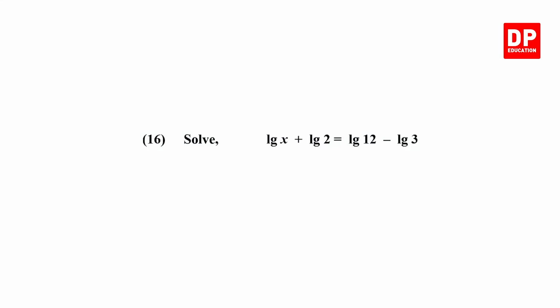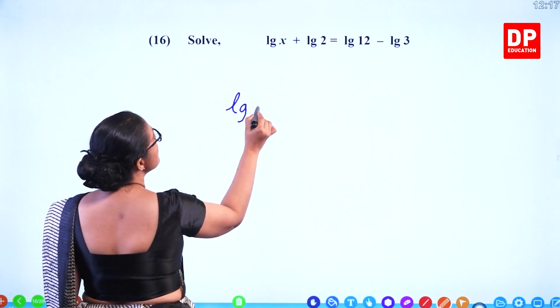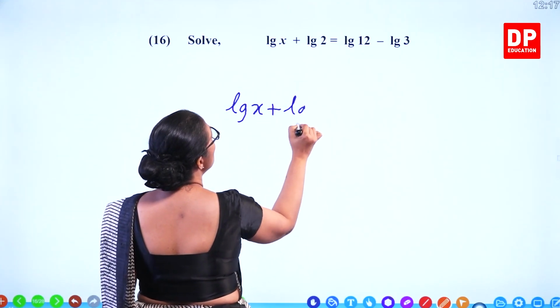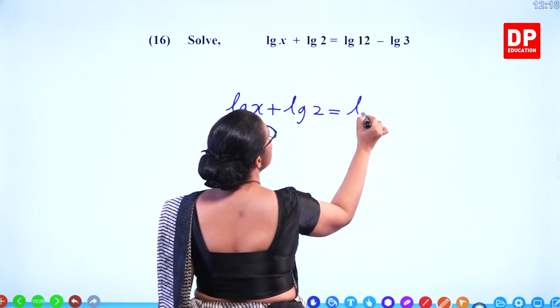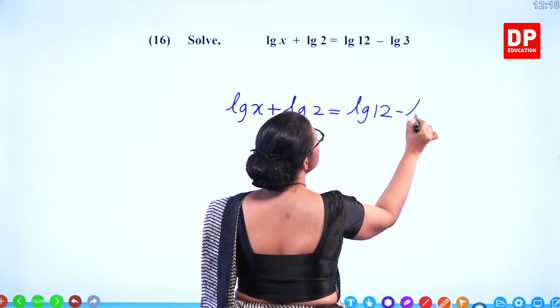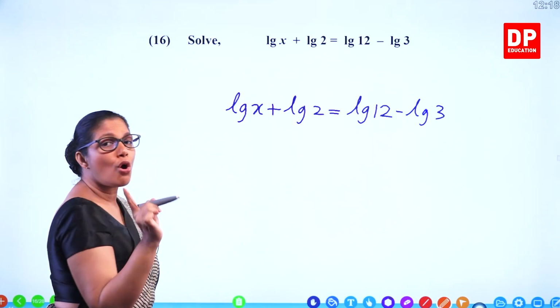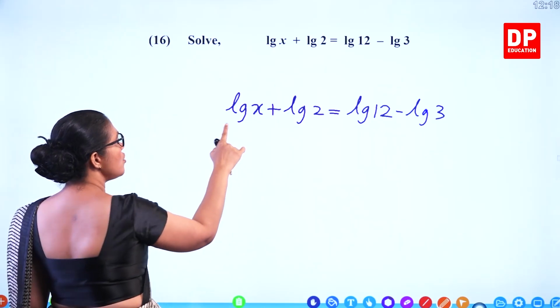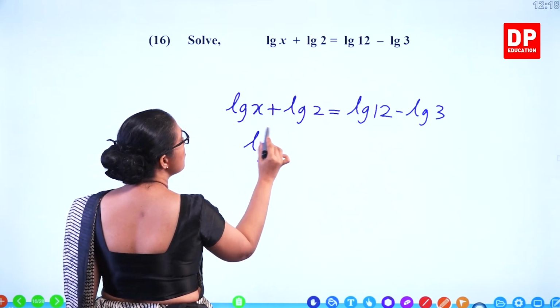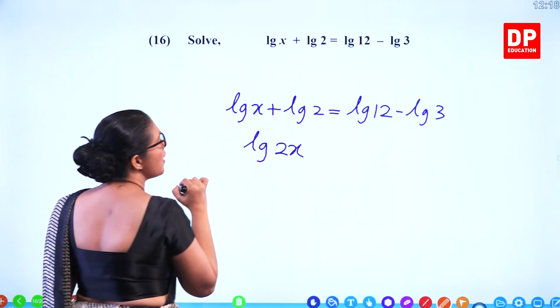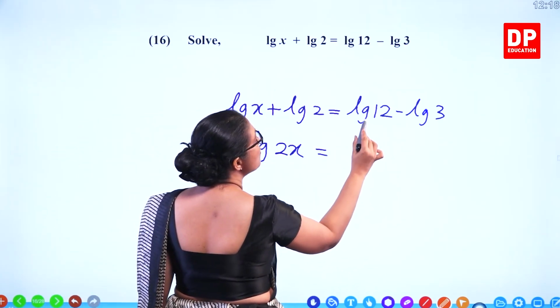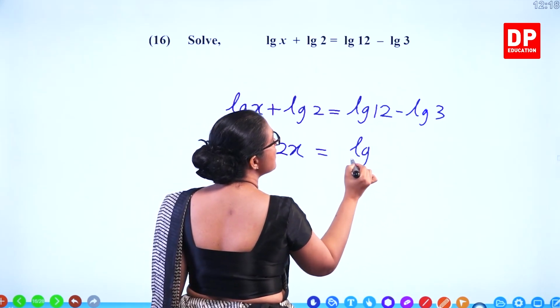Question number 16. log x plus log 2 equals log 12 minus log 3. So you can use laws of logarithms. Addition, you can write as multiplication, 2x. Here, subtraction. What's the law?